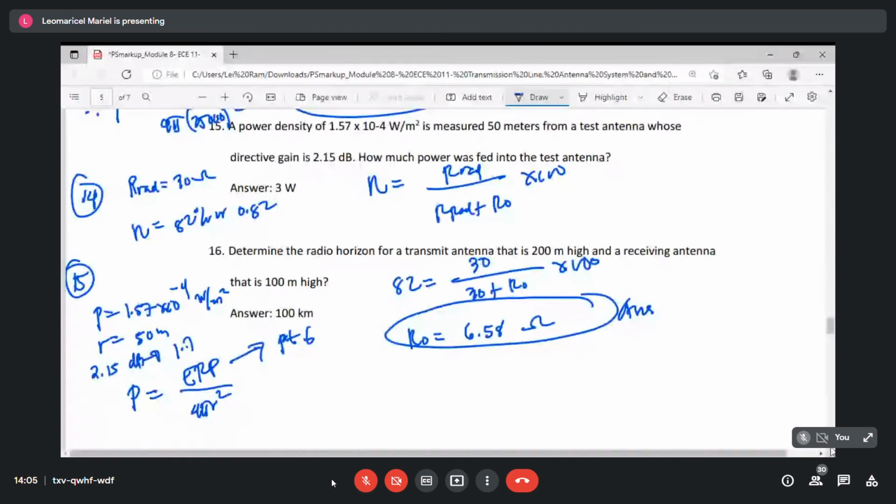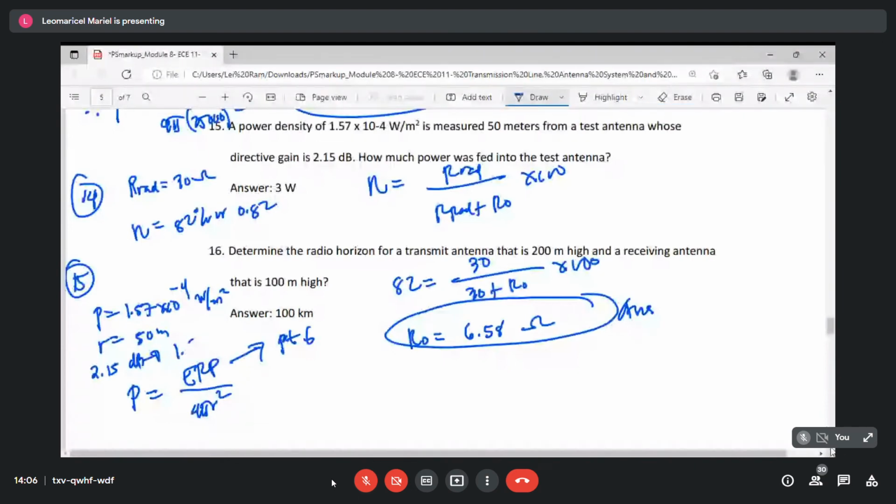Ano nga? Inverse log of 0.215. Inverse log of 0.215. 1 point? Oh, sige, 1.64. Equivalent siya sa 1.64. Yan, na unitless.